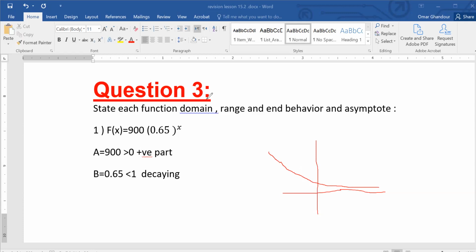I can find the domain and range. Let's find the domain and range. The domain is, this is not a real life situation. The domain is ranging from negative to positive.